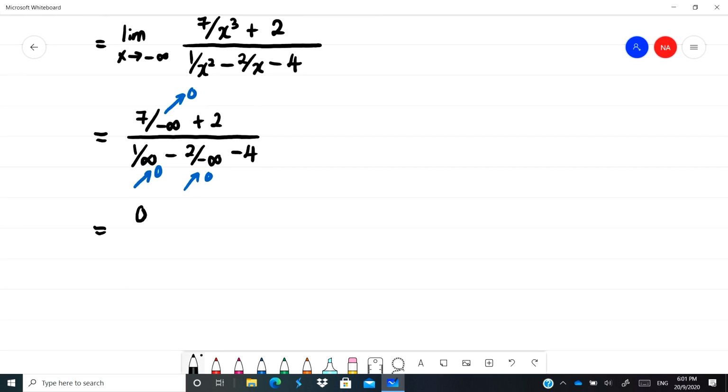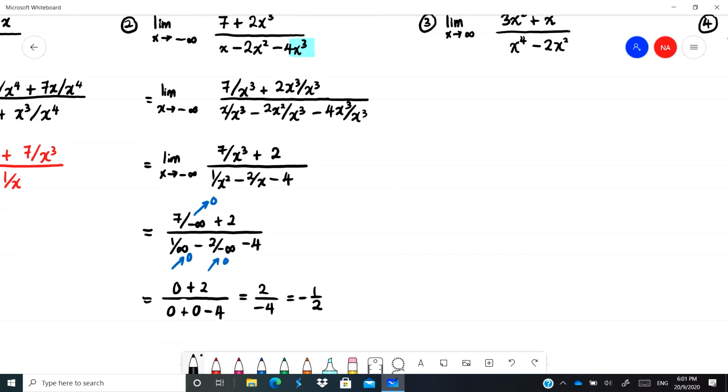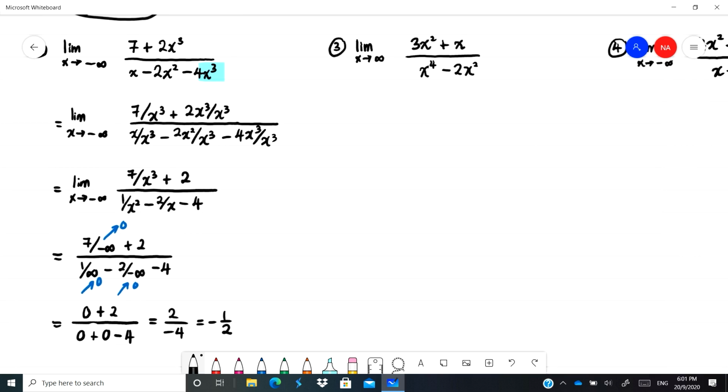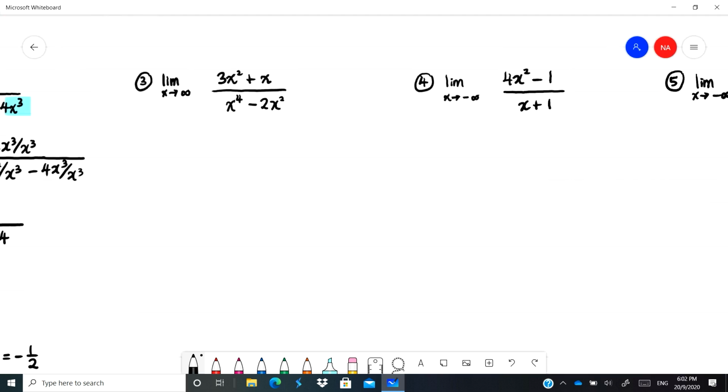So we'll have 0 plus 2 over 0 minus 0 minus 4. In this case, we will have 2 over negative 4, which simplifies to negative 1 over 2. So the final answer is negative 1 over 2, meaning that the graph will approach negative 1 over 2 as it approaches negative infinity.